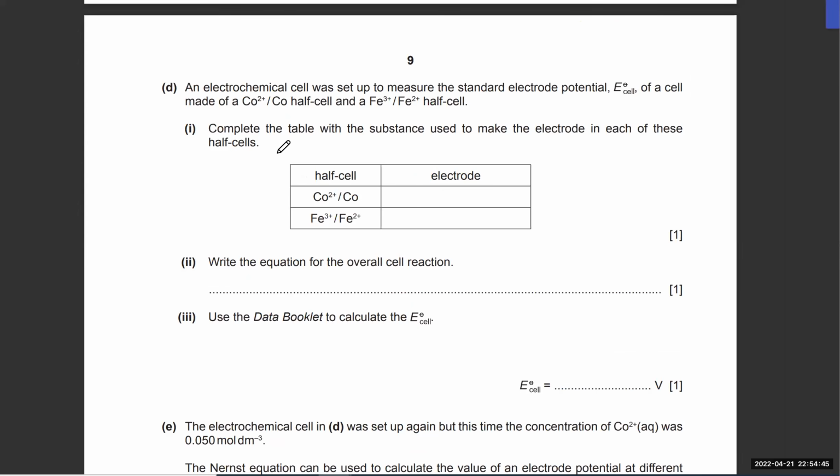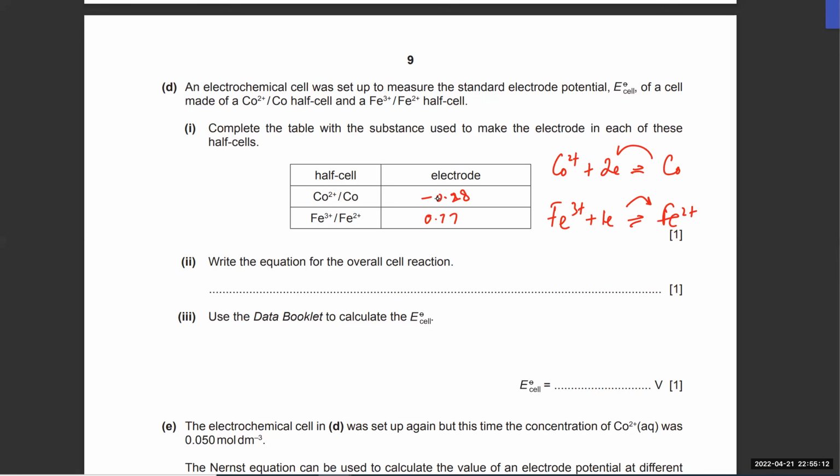So they're asking for the equation. So this is minus 0.28, and this other one is 0.77. I'll just make the equation over here, Fe3 plus. So this one is going to gain electrons. The other one, cobalt 2 plus 2 electrons in equilibrium with cobalt, is going to lose electrons.